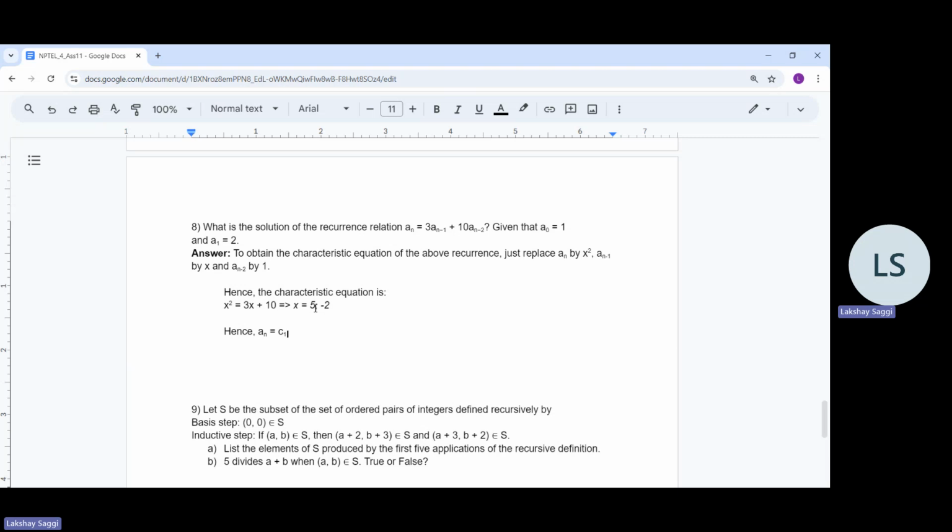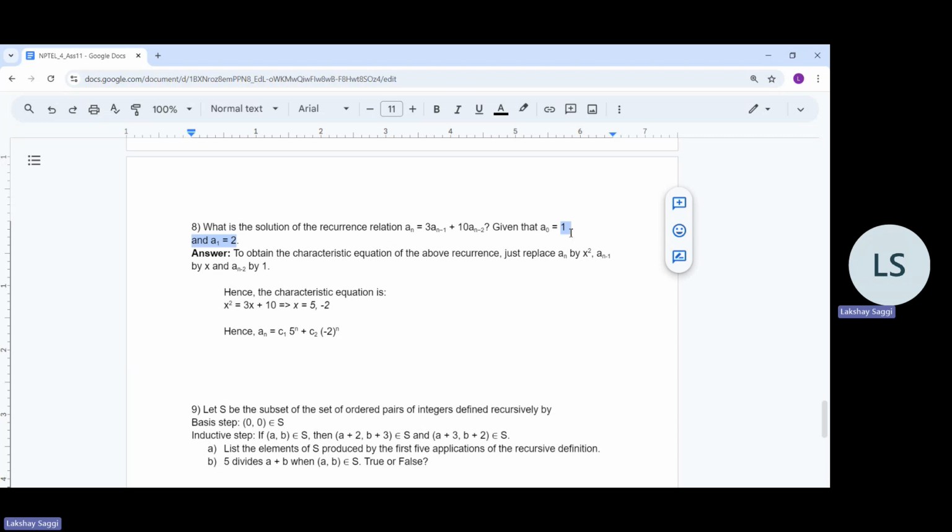So A of n is equal to c1 times 5 raised to the power n plus c2 times minus 2 raised to the power n. But we don't know what these values of c1 and c2 are. So we'll obtain c1 and c2 using the base cases.